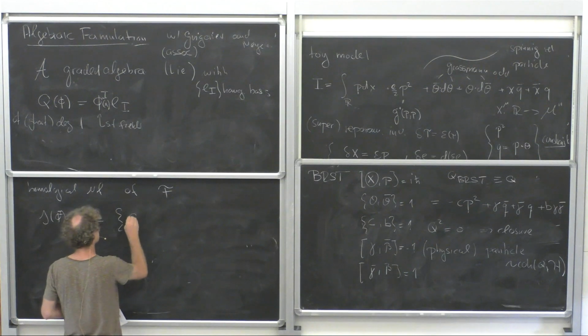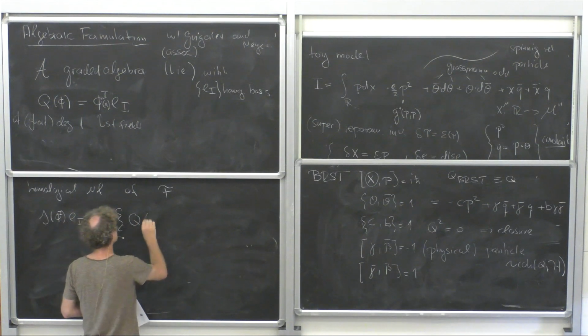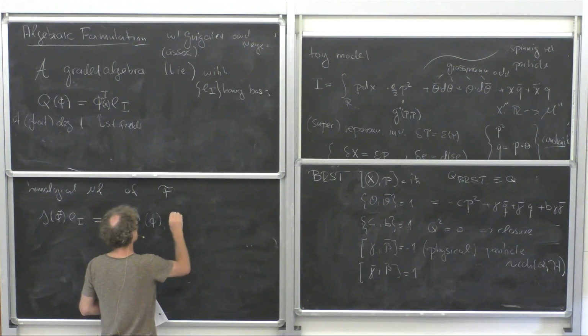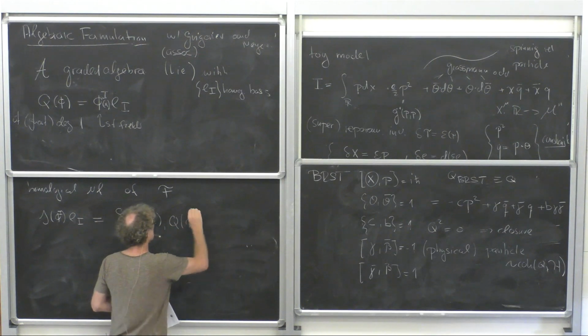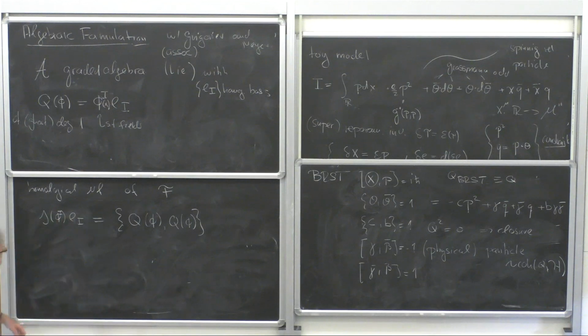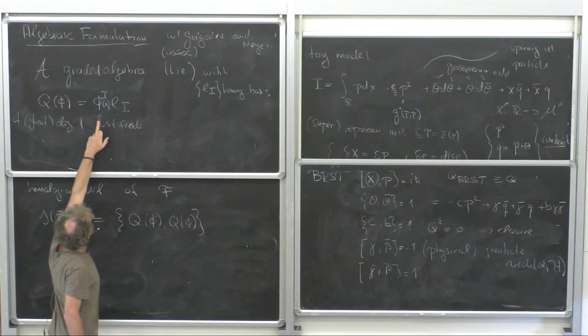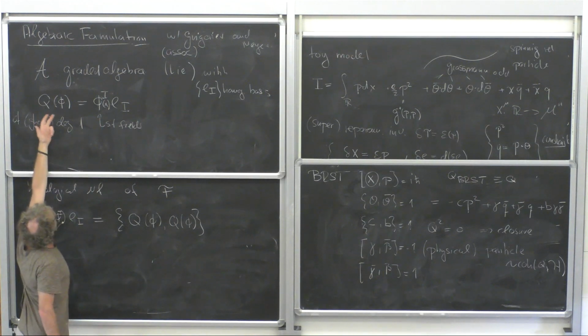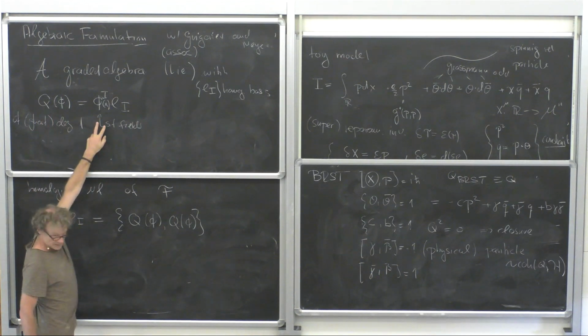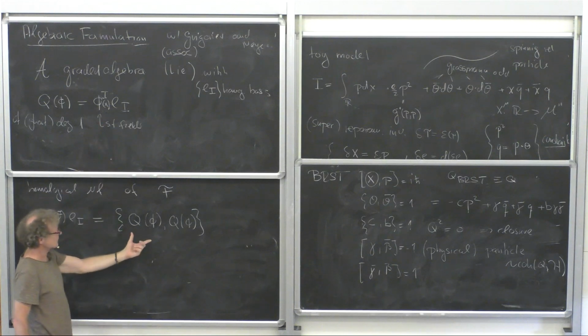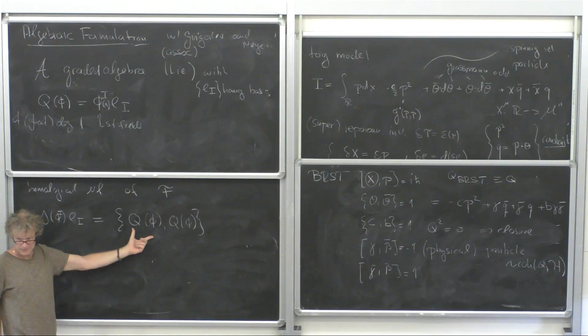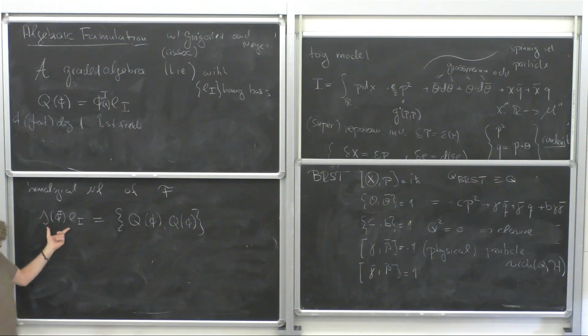Since I used anti-commutator, I should do that here as well. Q of phi. So you give me a phi, a space-time field phi here, or a set of space-time fields. I read off what Q of phi is simply by this prescription. I take the gradient anti-commutator of this, read off the result, and define this to be the action of this BV vector field on the space-time field phi.